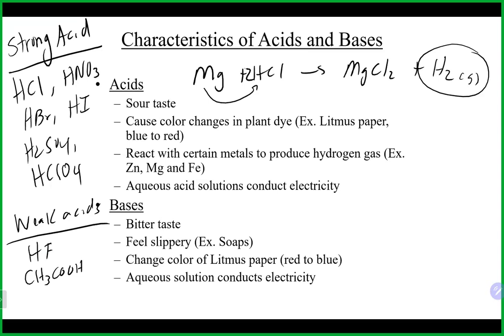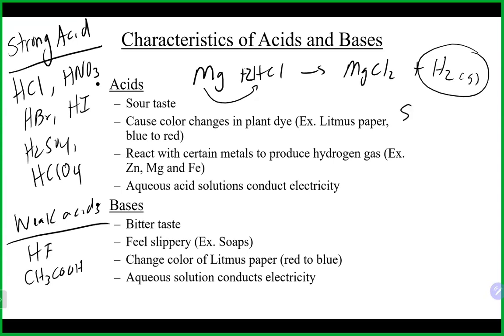Bases, on the other hand, have a bitter taste. A lot of soaps, like drain cleaner, are bases. They change litmus paper to blue when you touch them. So you maybe did the calcium water one today or whatever it was, and that should have turned your litmus paper blue because it made calcium hydroxide, which is a strong base. Aqueous solutions could have strong bases and weak bases as well.